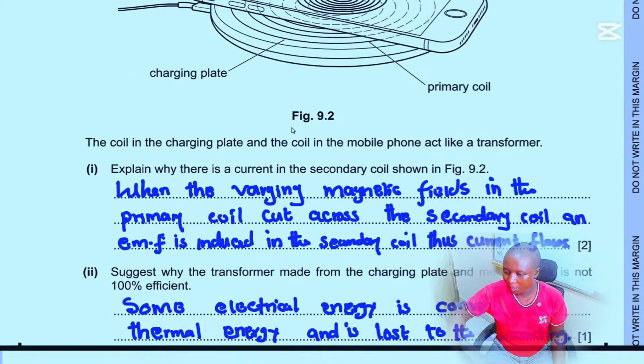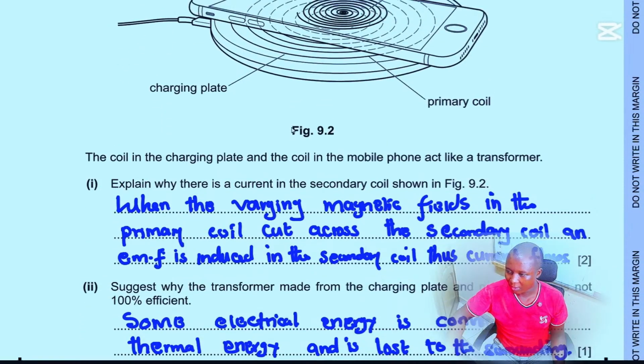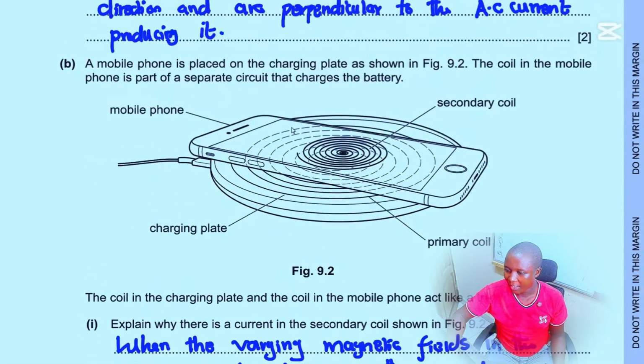We are supposed to explain why there is a current in the secondary coil. Now we have a primary coil, and then we have a secondary coil. Remember, I promised you that I'm going to explain how a transformer works, but this is almost related to that.